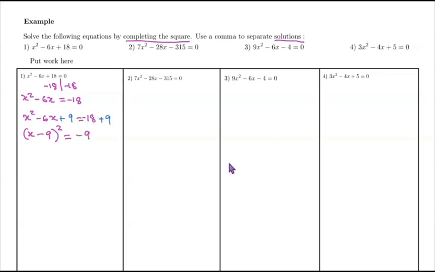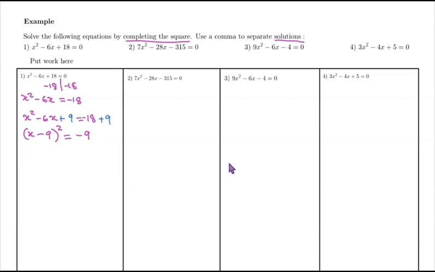Now we have an expression squared equals number. We can use the square root property to solve this equation, where we're going to have two solutions.